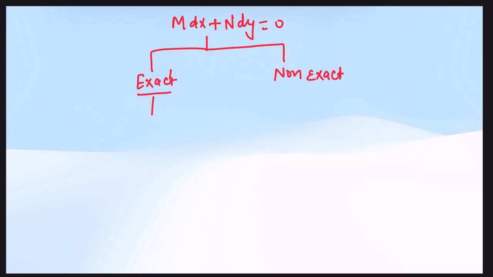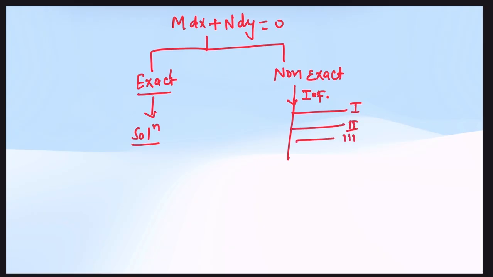If exact, then we can directly find the solution. If non-exact, then we find the integrating factor. For finding the integrating factor we have many types of methods: type first, type second, type third, type fourth, which we have discussed in the previous lecture.